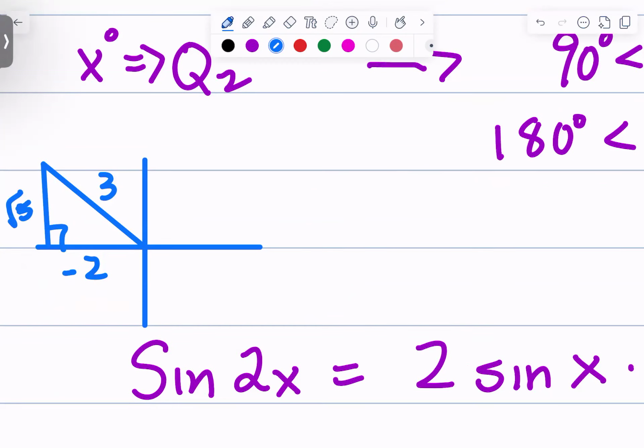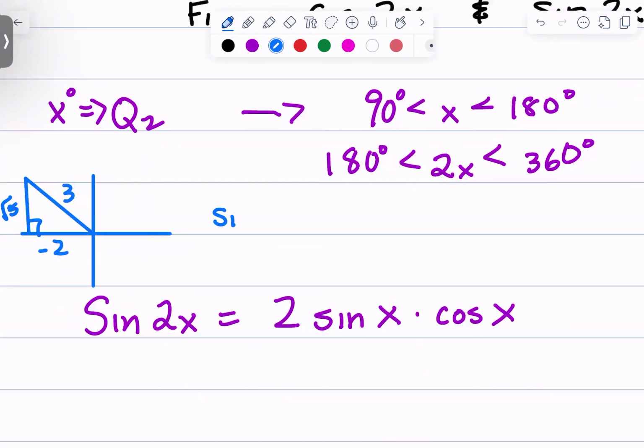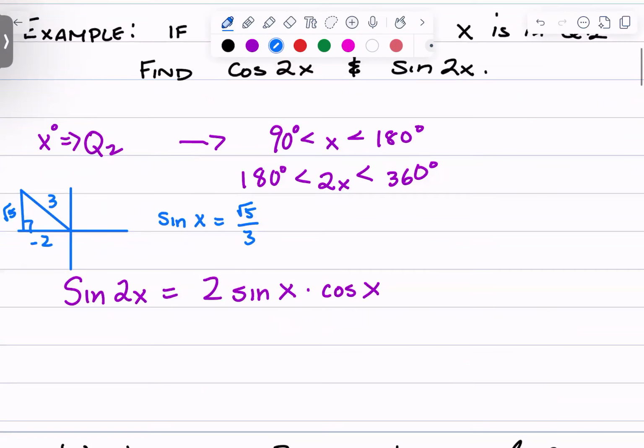A squared plus B squared equals C squared, and it's positive. So sine of x is equal to square root of 5 over 3. So we just plug it in: 2 times square root of 5 over 3 times negative 2 over 3, which is negative 4 square root of 5 over 9.